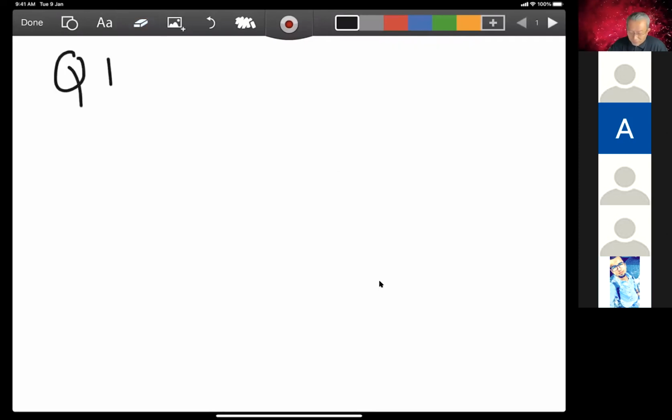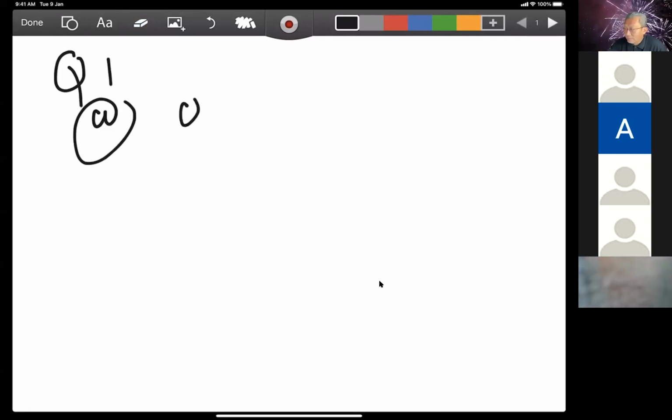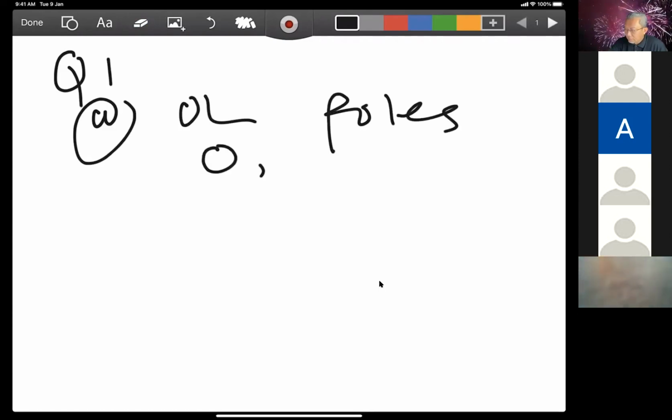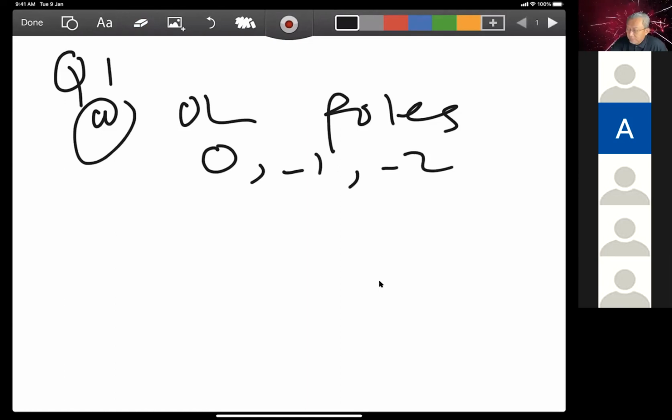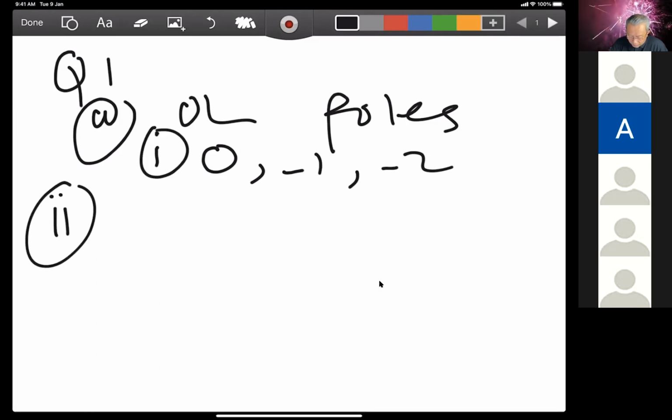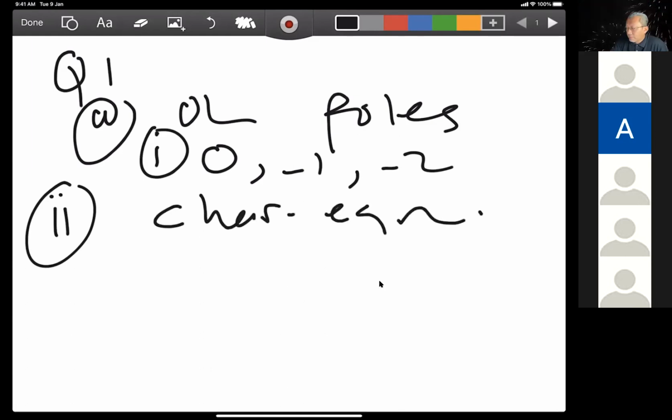Okay, let's go. Q1A. So what are the open loop poles? From the given G(s), you can see that the open loop poles will be 0, -1, and -2. Second part, derive the characteristic equation of the system.